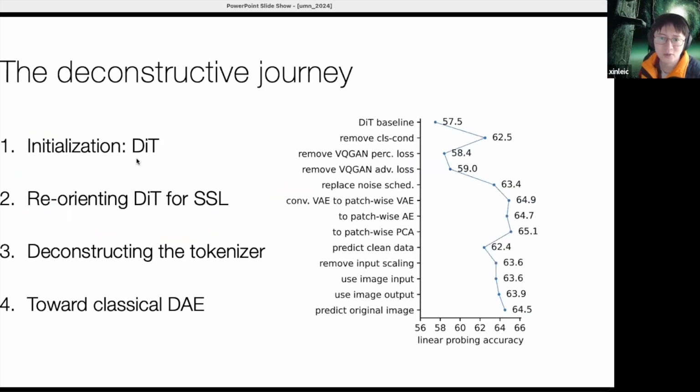And here is the deconstructive journey at a high level. We initialize with a modern denoising diffusion model called a diffusion transformer, DiT. We reorient it for SSL. We deconstruct the tokenizer, and finally we move as much as possible toward a classical DAE. And we keep track of the performance when we remove things.